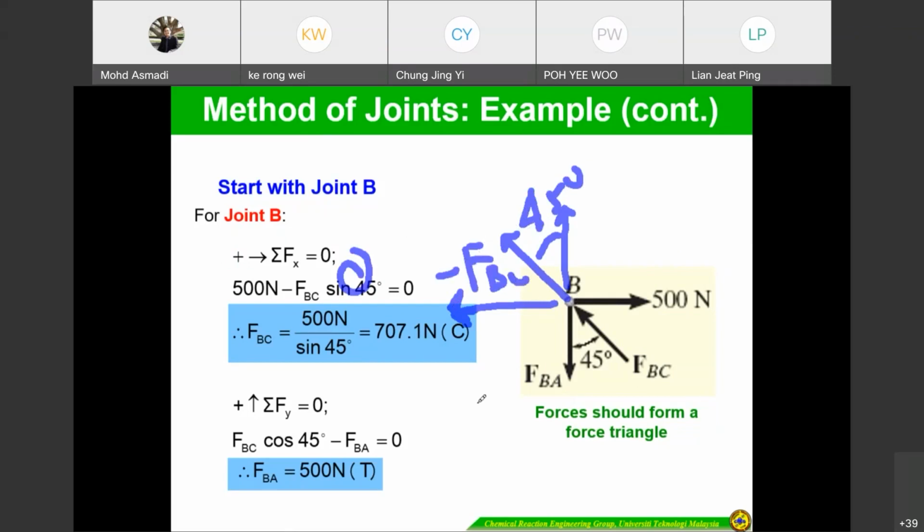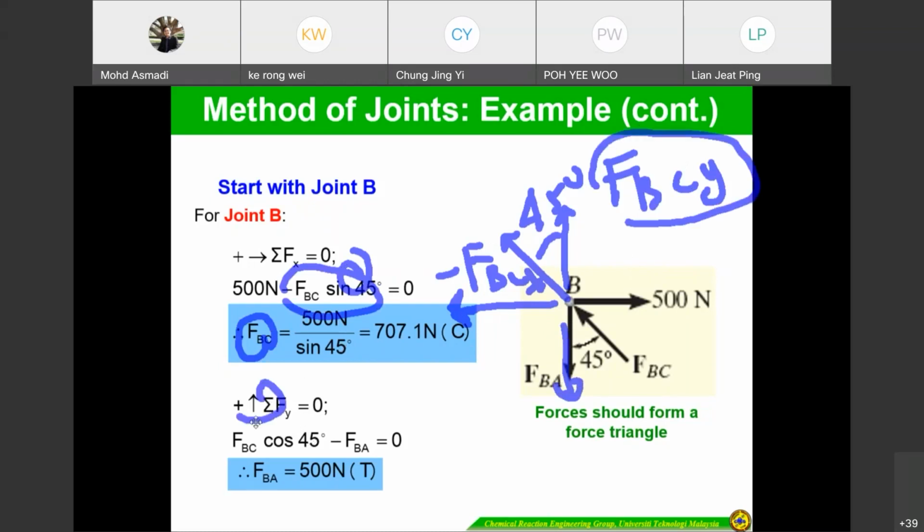Okay, so we can get FBCx and FBCy. So meaning negative FBC sin 45. Just resolve FBC, and then you do the Y direction, total Fy. So we have this one FBCy, FBC cos 45, so minus with this one because it's negative.